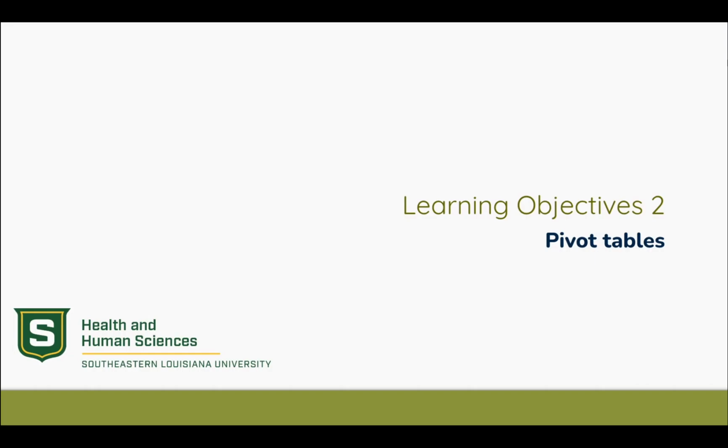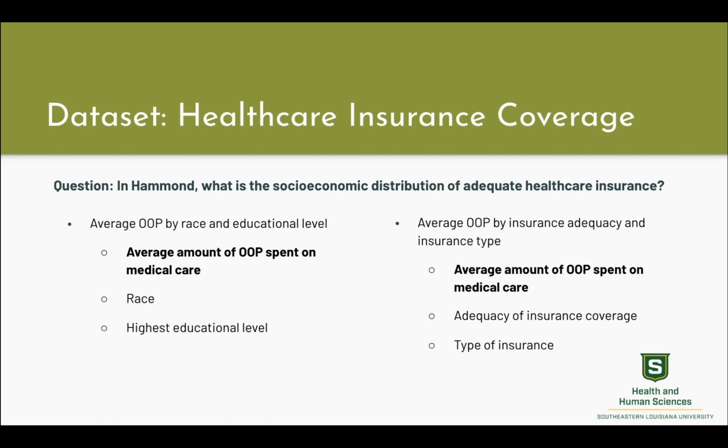For the second objective, we are looking at pivot tables, and we are using the same data set that we used for the first objective, which is still the healthcare insurance coverage.